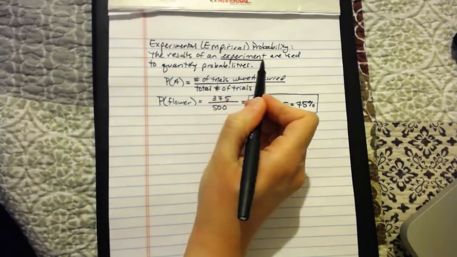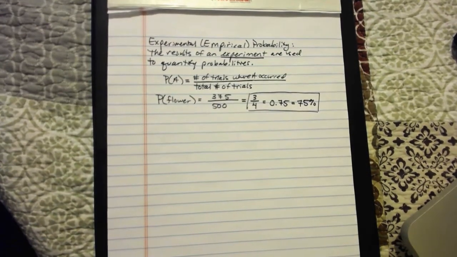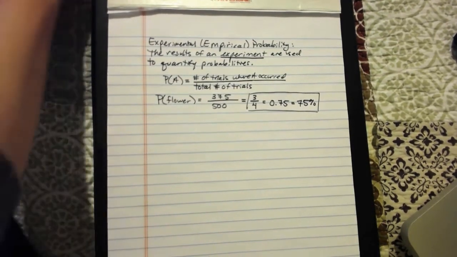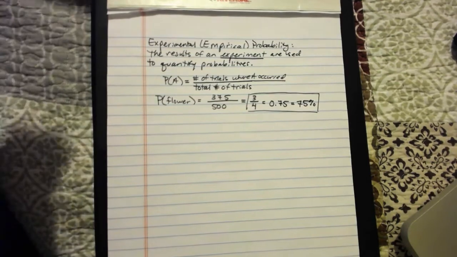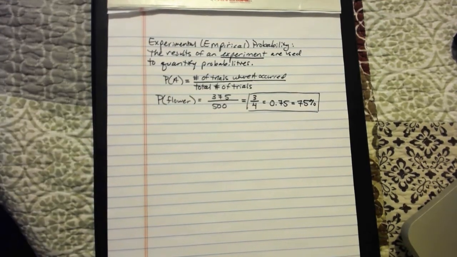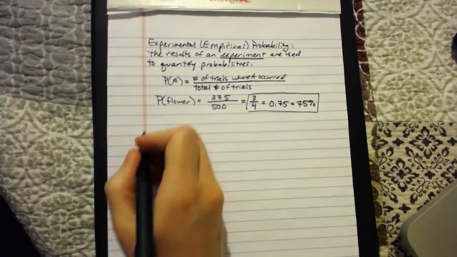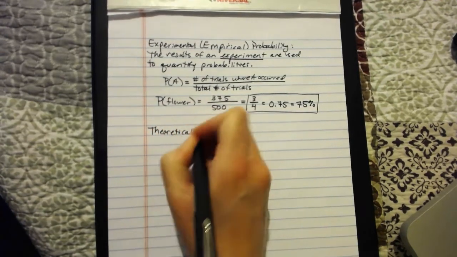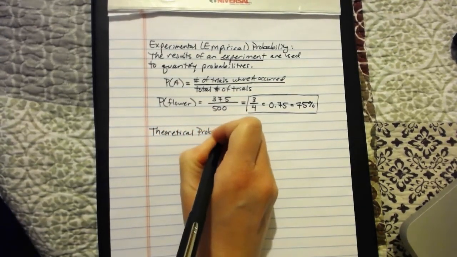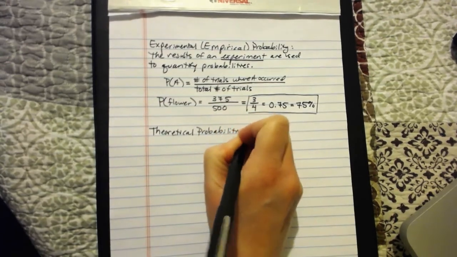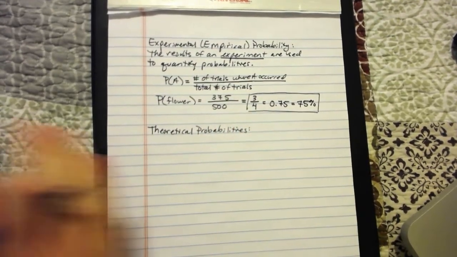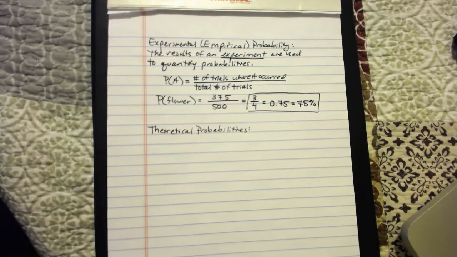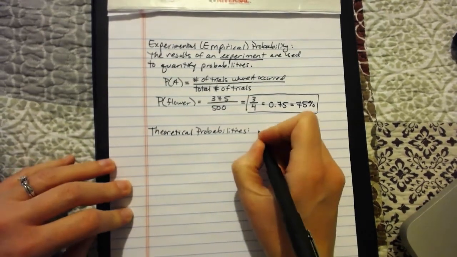We actually have to do an experiment and record some results. The third method for calculating probabilities is called theoretical probabilities. And the reason it's theoretical is because we don't actually have to do an experiment in order to come up with these.